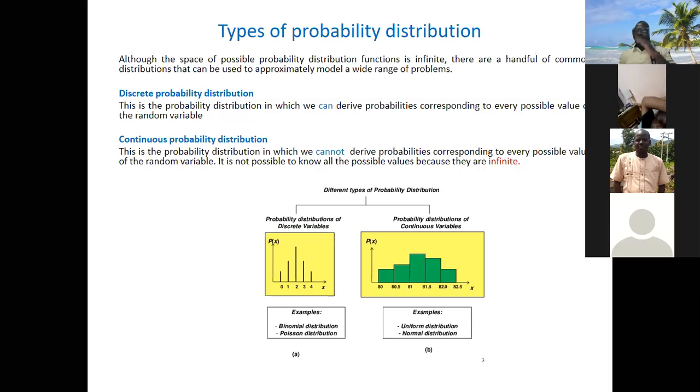It's only that some are discrete, some are continuous. You cannot show a continuous probability distribution on a table. It's not possible, because on the table you are trying to say, these are the possible outcomes, and you show their probability. It can only happen with discrete variables, because it's only with discrete that you can say we have social categories.